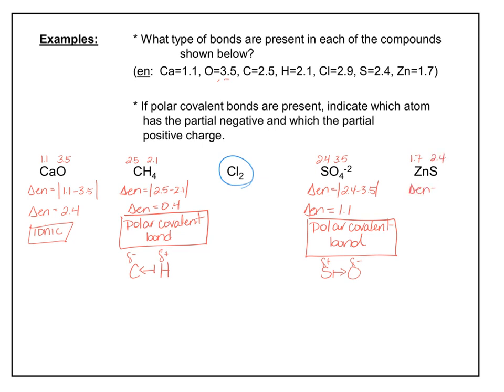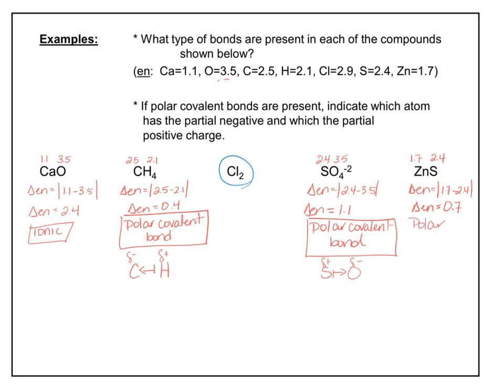Calculating delta EN, I'm going to subtract my numbers here and get a delta EN value of 0.7. So instead of it being ionic, this is showing me that the zinc and sulfur bond is polar covalent.